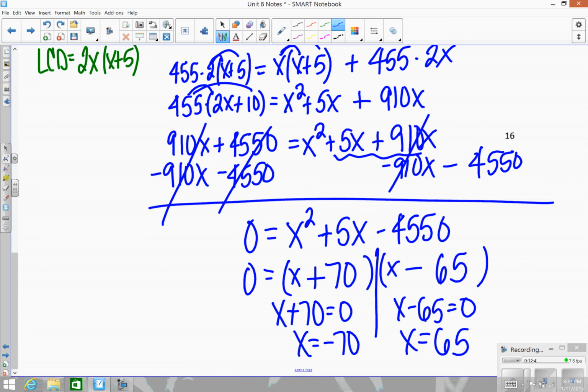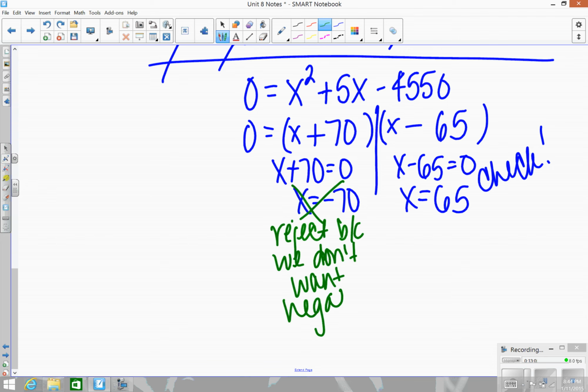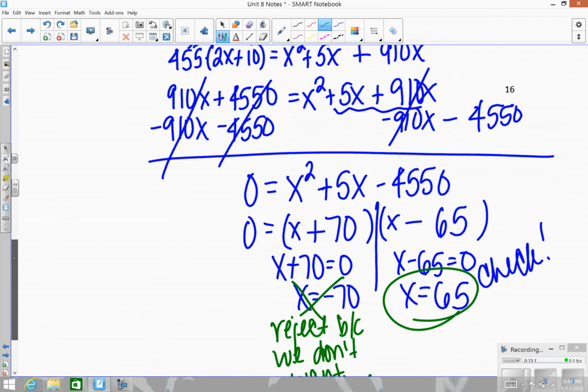Now remember you want to check these, and both of them will check. The only issue is we're talking about speed. Remember, x represents speed. So we're going to reject this because we don't want a negative speed. That means we're going to keep this 65, which represents the second family's speed. Let me write a little blurb off to the side here.